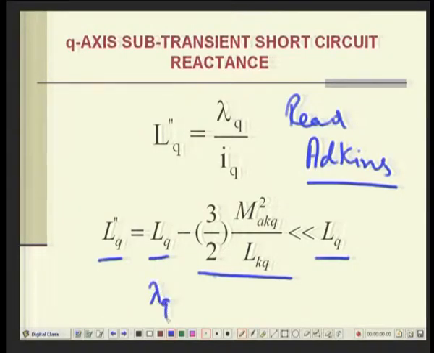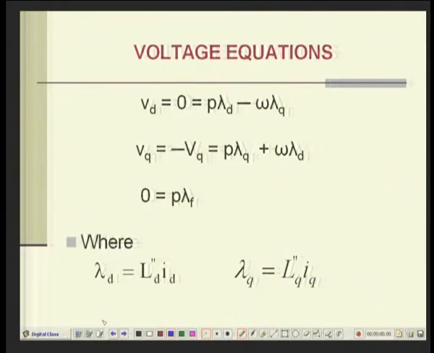So, we will have lambda q immediately be LQ double dash into iq, right. So, you have to find out what are i d and iq for these conditions. Okay.